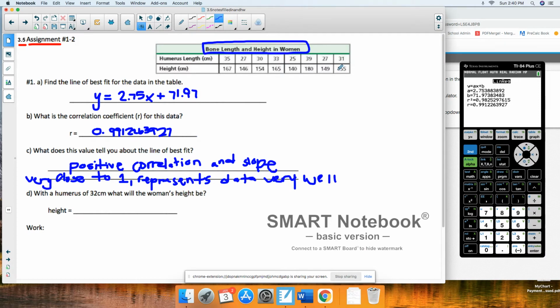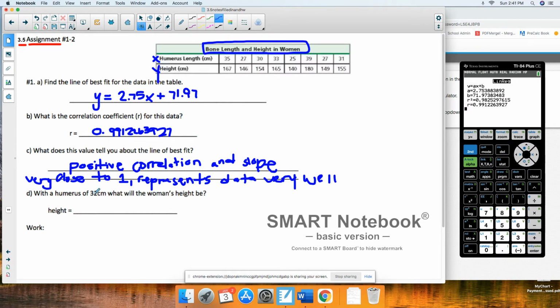Obviously, this is a basic representation of it in order to find out how tall that person might have been. Of course, lots of factors, but based on this data, this is actually a very close representation of what would happen. So we need to remember that our humerus length is x and our height is y.